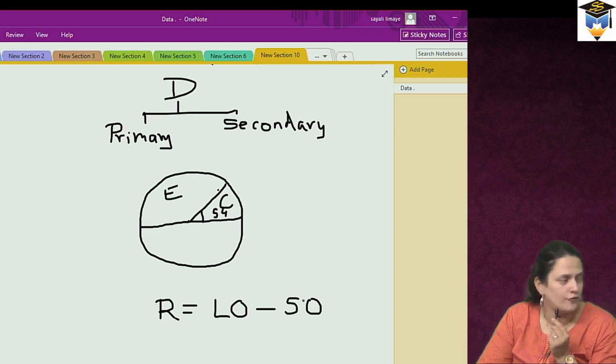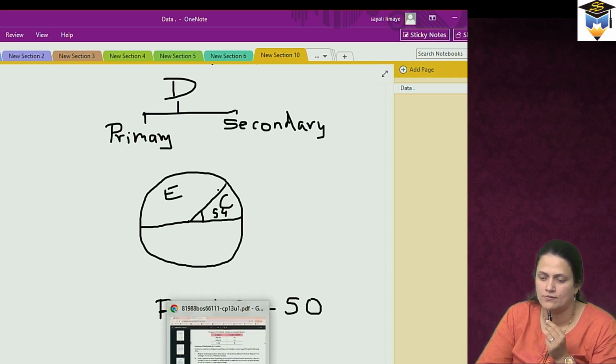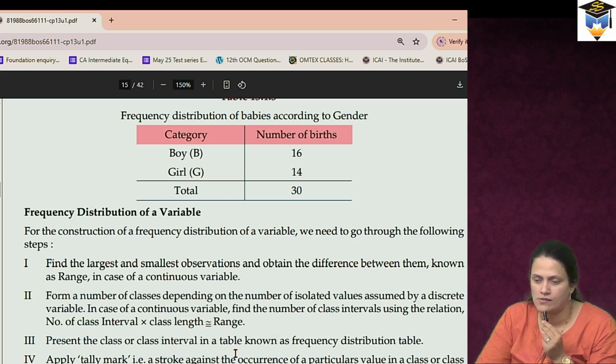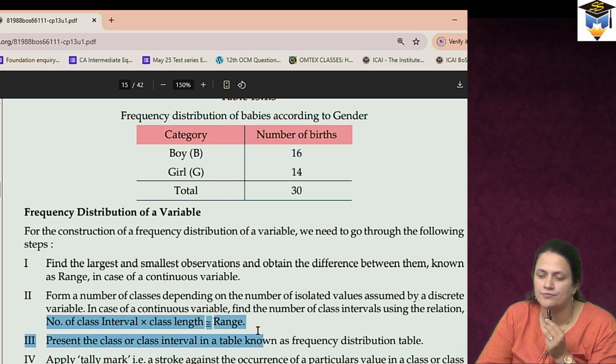R range is given by the formula largest observation minus smallest observation. Second, number of class interval into class length. Number of class interval into class length is equal to range. Number of class interval into class length will give us the value of range.